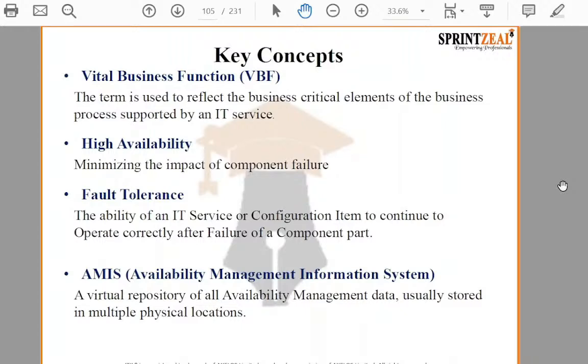In AMIS, we talked about a virtual repository of availability management data, usually stored in multiple physical locations, just as a backup. So if one system fails, you'll always have that availability information readily available. So those are some of the key concepts of availability management.